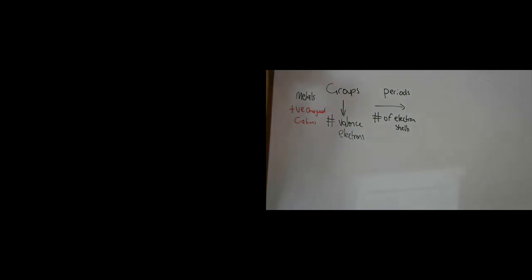Well, when we're building organic compounds, and when we're doing our Lewis dot structures, when we're doing the naming of compounds, we need to know the charge on the metals, and then on the other side, we have the non-metals.